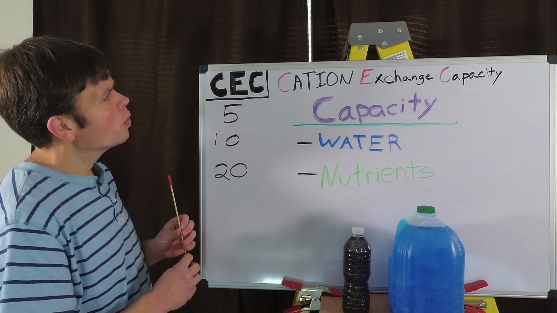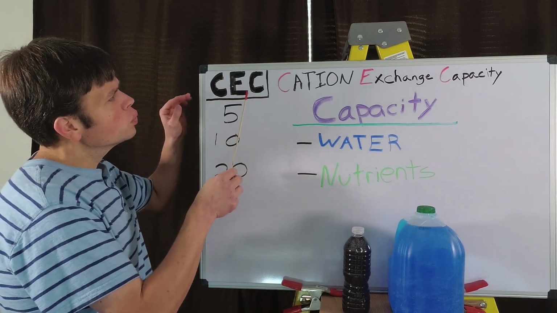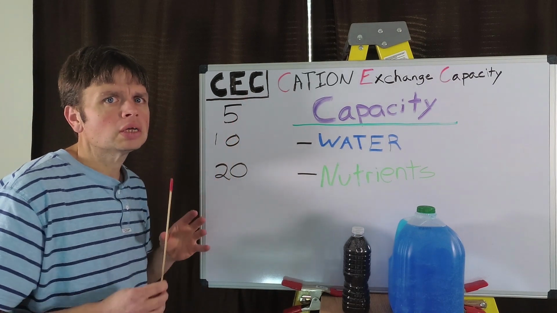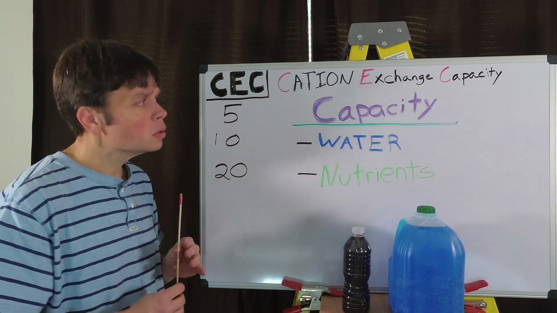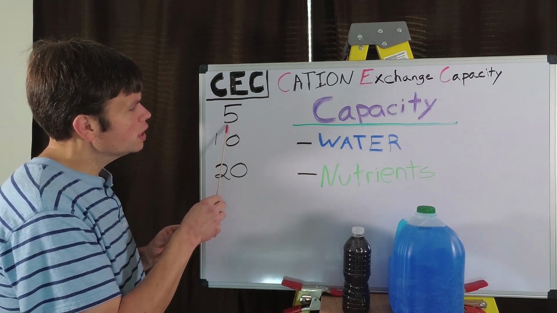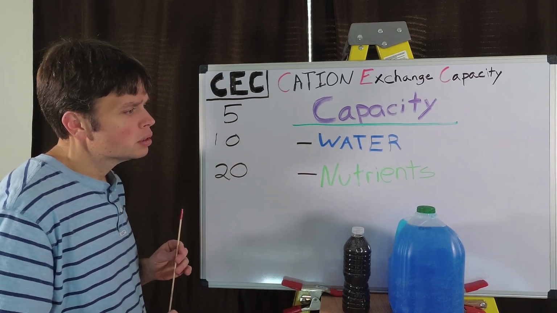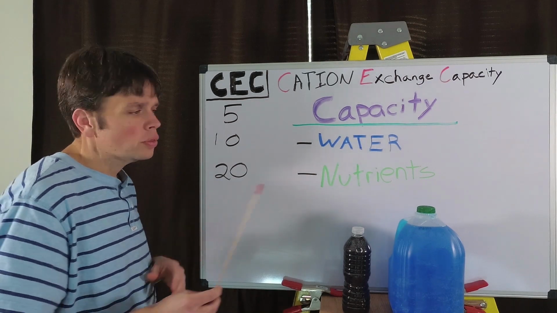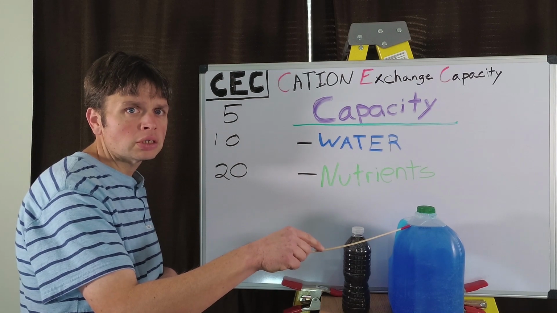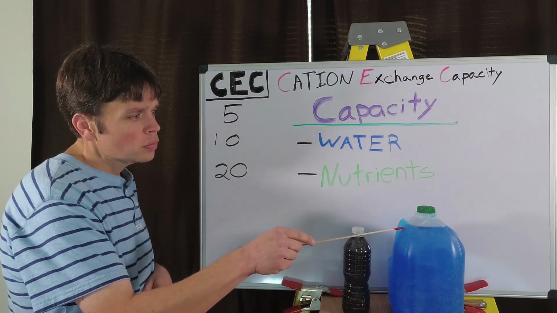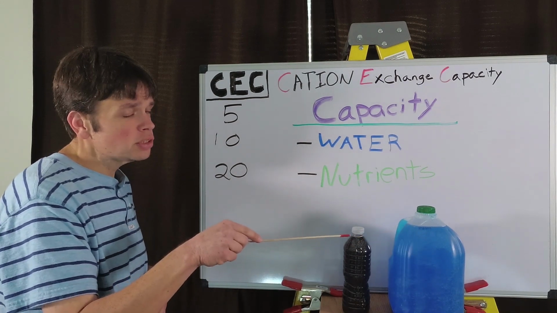So this is what CEC means to us in the patch. When we look at our soil test and we see we have a CEC of 5, we can't go out there and give them this much water and fertilizer at one time, because this is all it can hold.